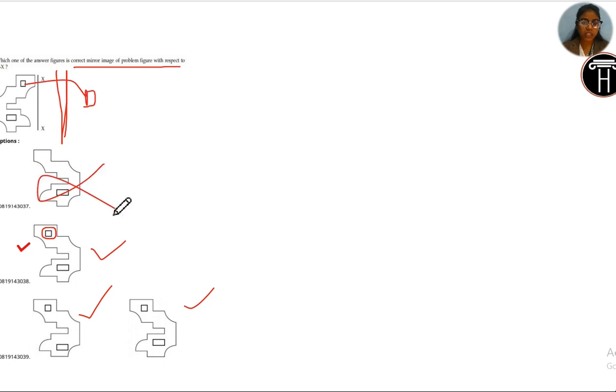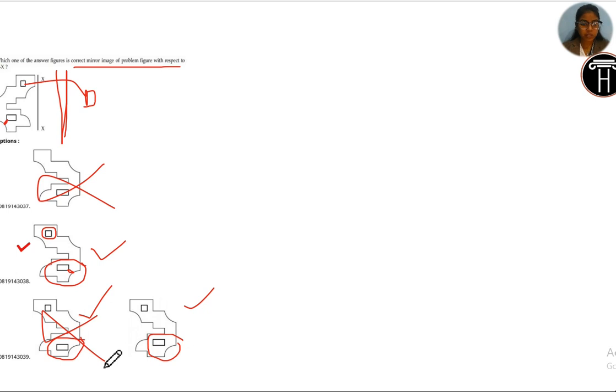So option A is rejected. Now look at B, C, and D, where there is a difference. The difference is over here. This gap is your difference. See, there is less gap, there is more gap, there's also some gap. Now look at your question figure at this gap. This one is also having some gap. But in option C, there is no gap. This is almost very close to each other. So this is rejected.